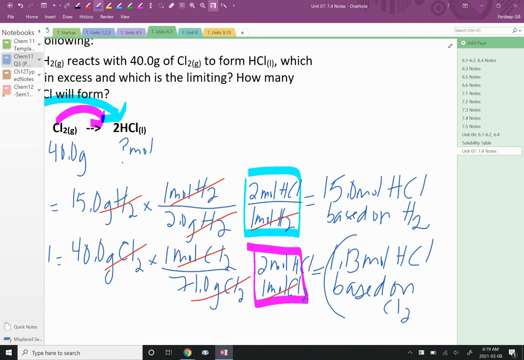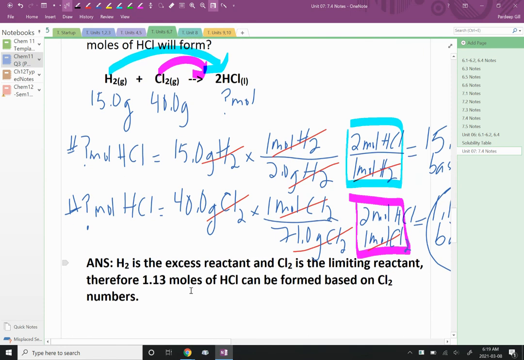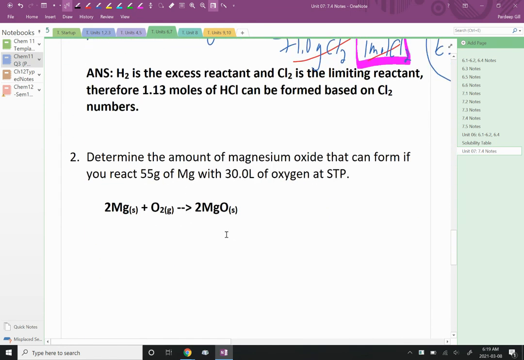Because Cl2 gave me the smaller amount of product, that is my limiting reactant. So my limiting reactant for this one is Cl2, and the excess is hydrogen. Cl2 is limiting, so I can only form 1.13 moles. All right, let's try the next question here.